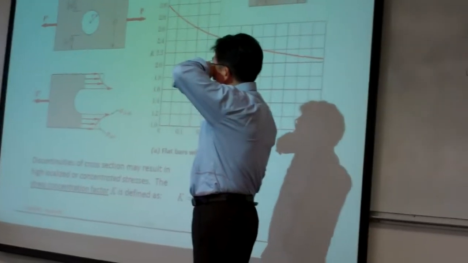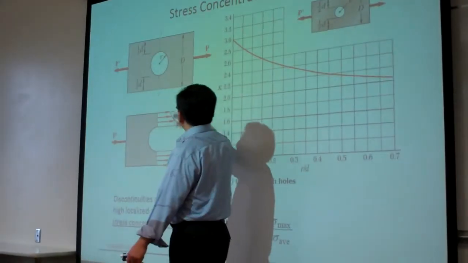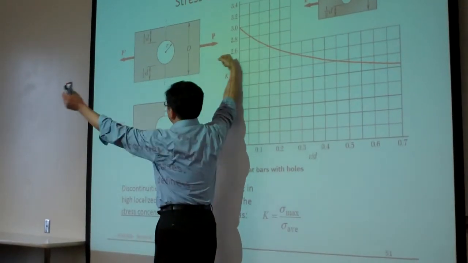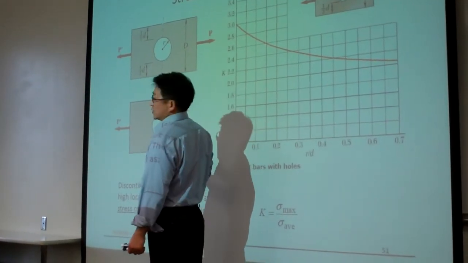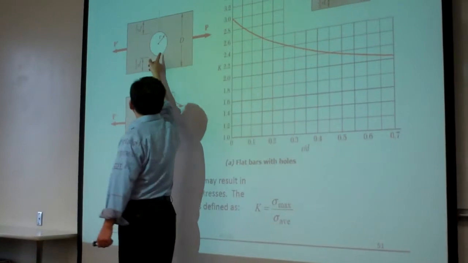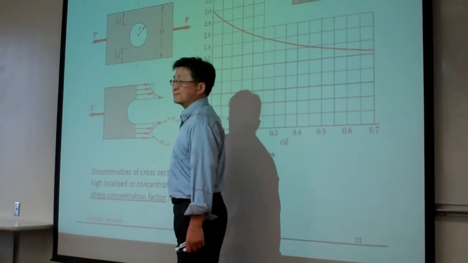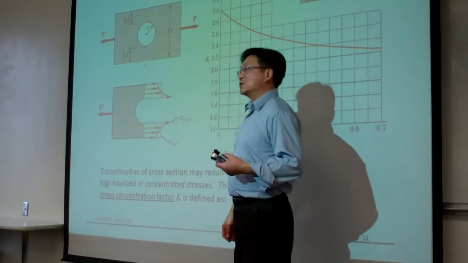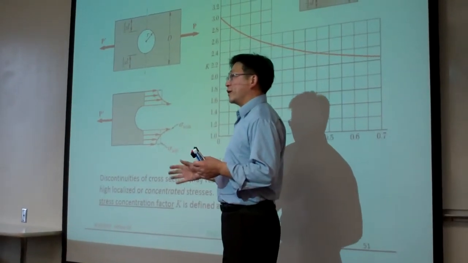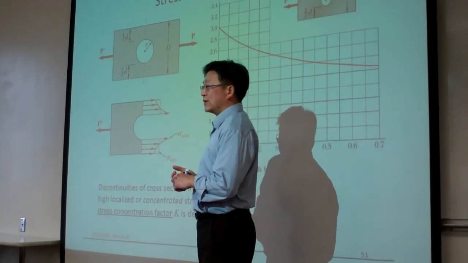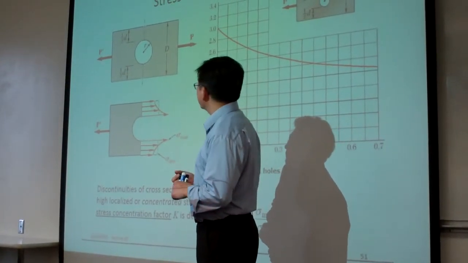I can tell you, if this plate is under uniform loading, the stress concentration will occur just around the perimeter of where you cut. Always, the stress concentration will occur where the geometry is discontinuous. That is kind of the rule of thumb.